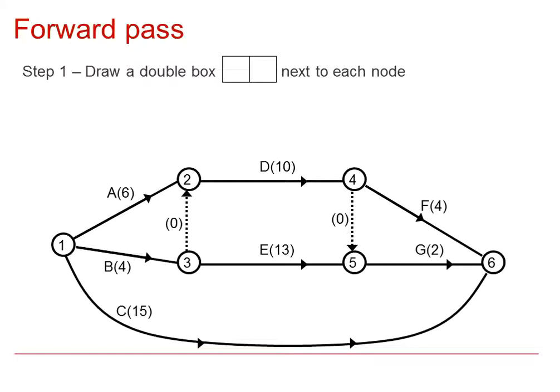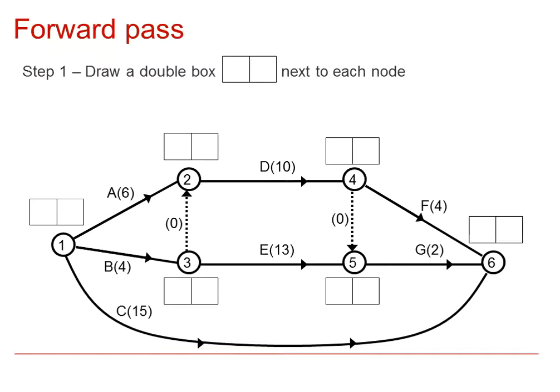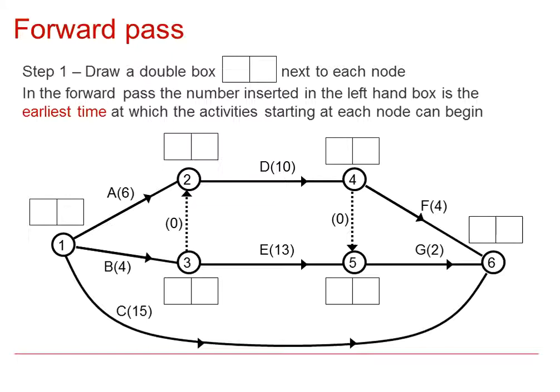To complete the forward pass, the first step is to draw a double box next to each node. In the forward pass, the number inserted in the left-hand box is the earliest time at which the activity starting at each node can begin.